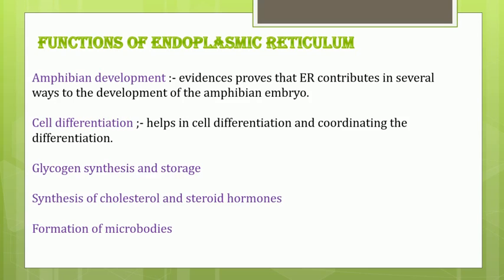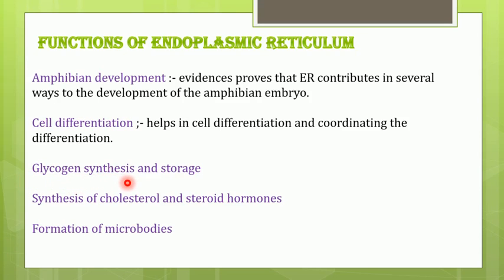Next function of the ER is glycogen synthesis and storage. So what is glycogen? Glycogen is a type of carbohydrate. Glycogen is basically made up of thousands of glucose units linked to one another. This formation of glycogen by combining many glucose molecules together results in glycogen synthesis.